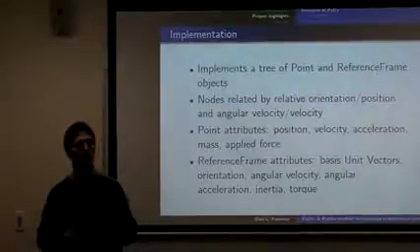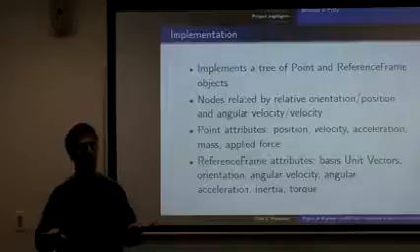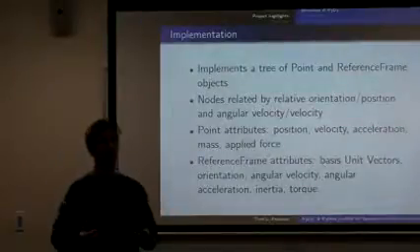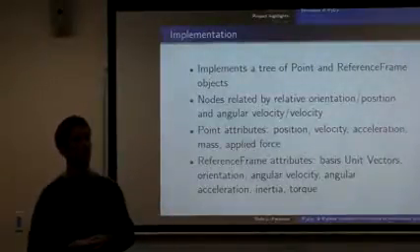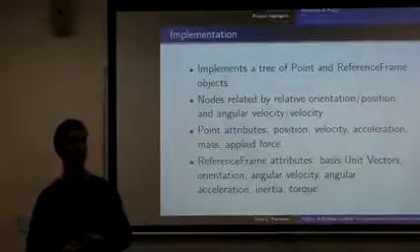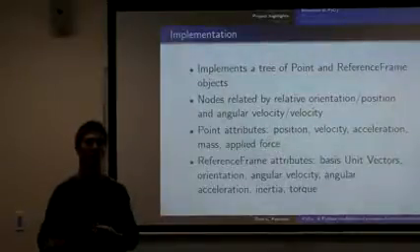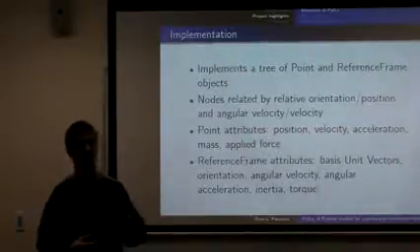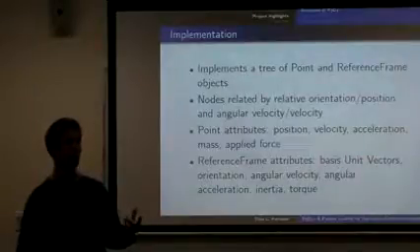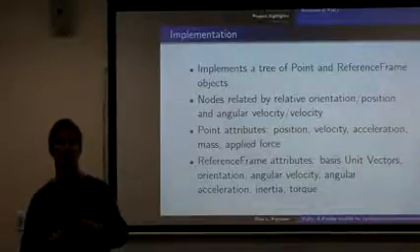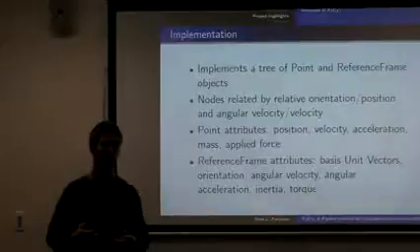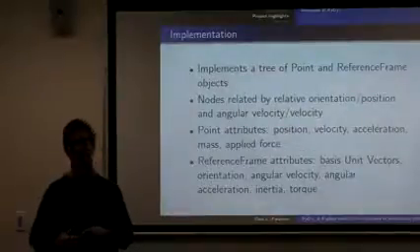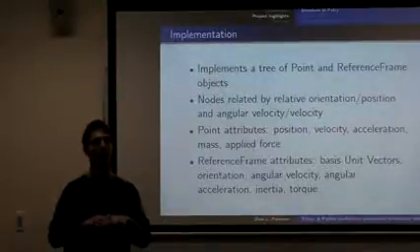But if you assign it a mass, then when you go to form the final equations of motion, it knows that it needs to find the acceleration of this point because it's going to affect the equations of motion. Similarly, if there's a force applied at a point. Similarly with reference frames, if there's an inertia assigned to it, then that's going to come into the dynamics, as well as if there's a torque applied to the reference frame. So basically, it takes care of all this bookkeeping for you.